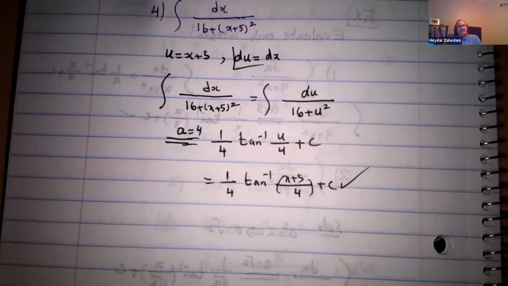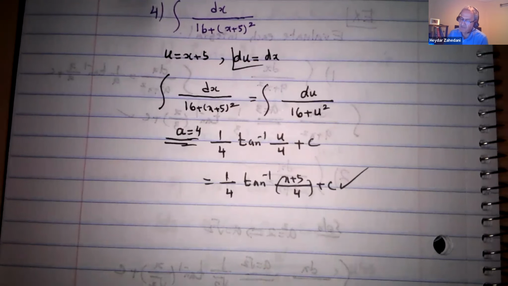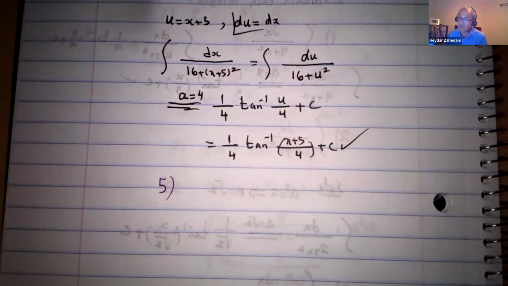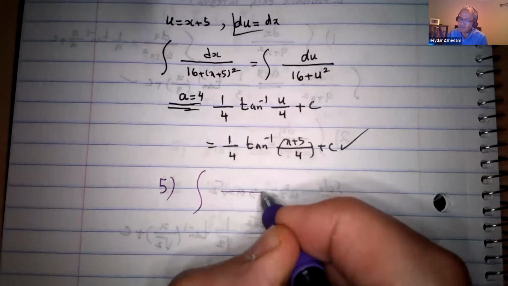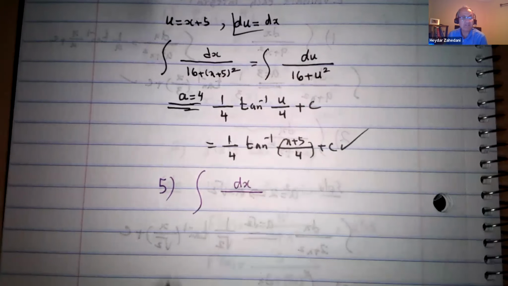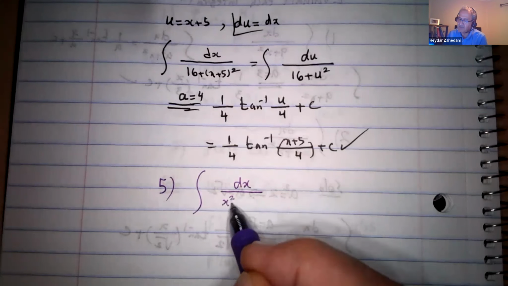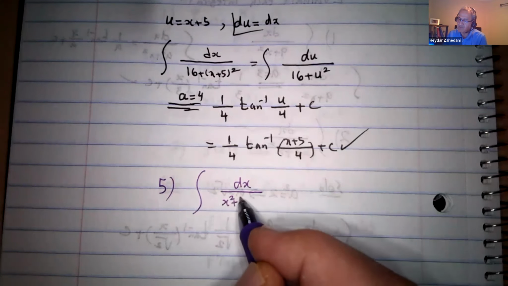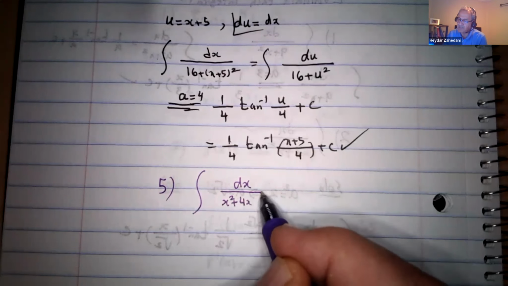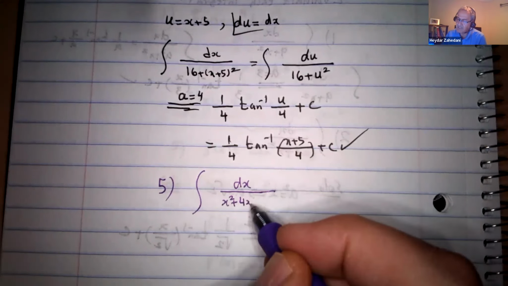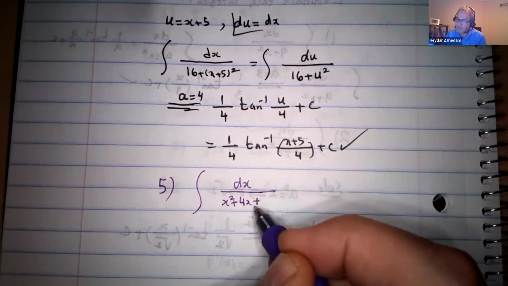Okay. Now, there are a group of problems in future that can be solved by this formula, and this is just to give you an idea for future. This is one of them. Look at this integral, dx. On the bottom, I am going to have x squared plus 4x, and I've got something like a 5 here.